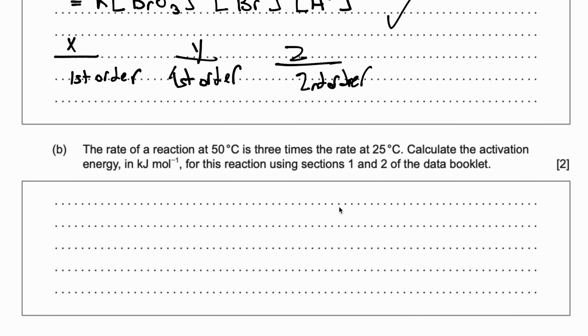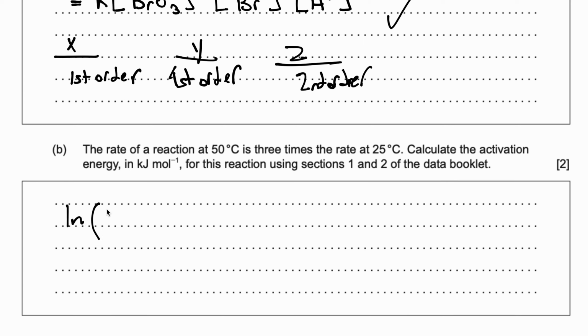The rate of reaction at 50 degrees Celsius is 3 times the rate at 25 degrees Celsius. Calculate the activation energy in kilojoules per mole for this reaction using sections 1 and 2 of the data booklet. Okay, how can I calculate the activation energy? There's a formula given in the data booklet.